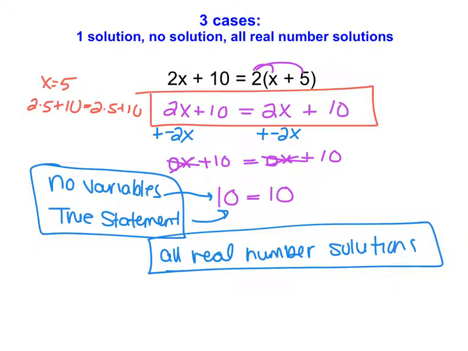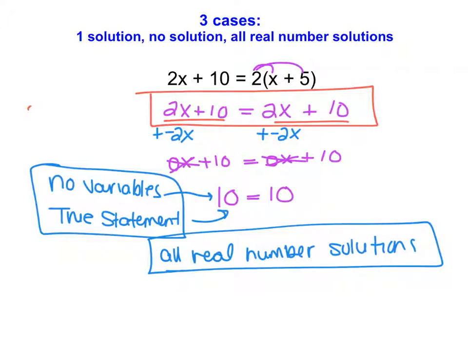Say we changed 5 to, let's say, negative 4. 2 times negative 4 plus 10 is the same as 2 times negative 4 plus 10. Because both sides of these equations are identical, it doesn't matter what we pick for x. Ultimately, we can pick any real number that we want for x, and that equation will be true.